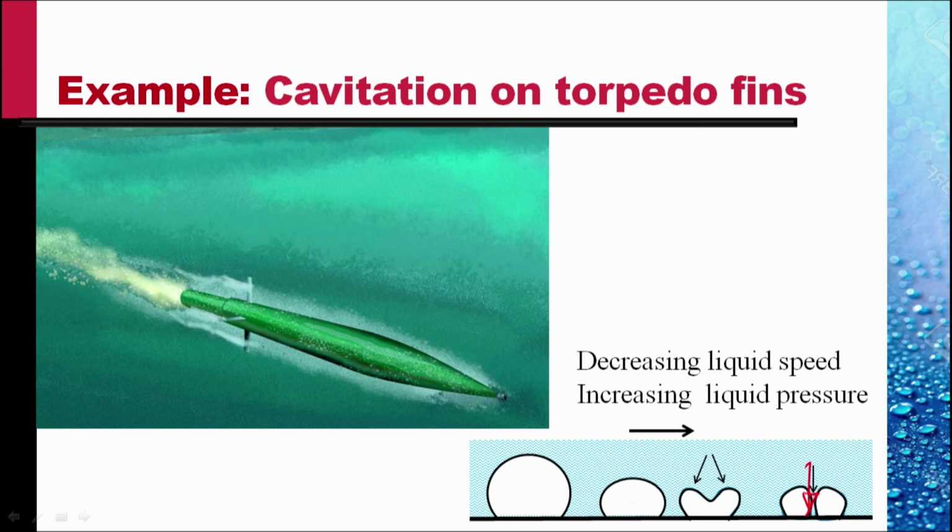And this jet can cause erosion and pitting on the surfaces of fin surfaces, which will decrease the control of the vehicle. So we need to avoid cavitation.